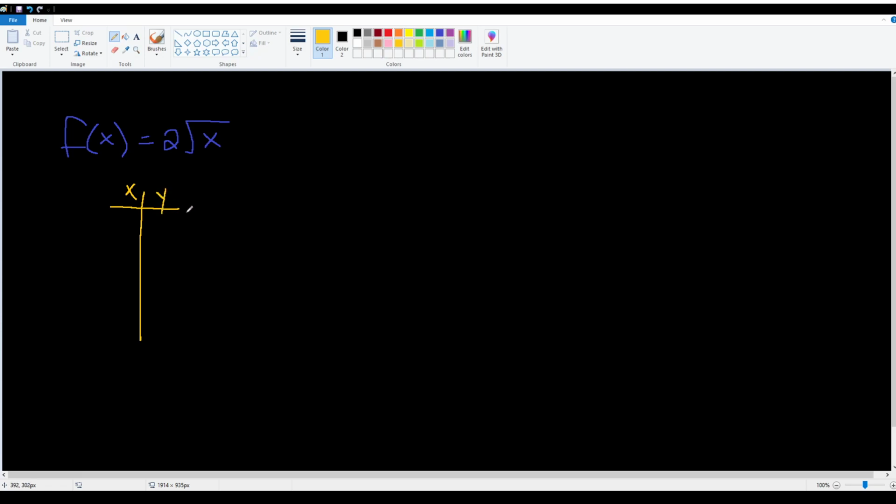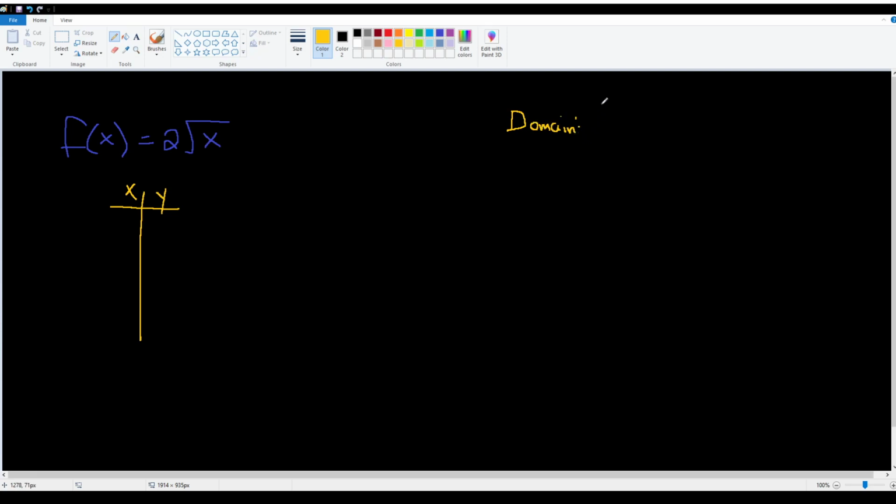Unlike everything else, though, where we would create my x's to be -2 to 2, seeing as this is a radical expression or a radical function, we know that the radicand can't be less than 0. It can't be a negative number. So the number that I'm going to start my chart with here is going to be the first number of the domain. So that means I need to figure out what my domain is first.